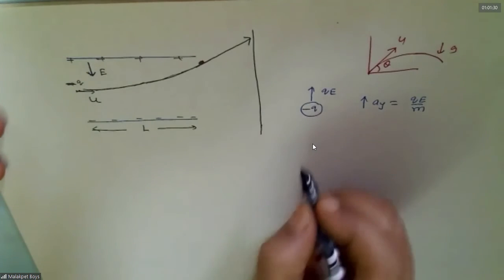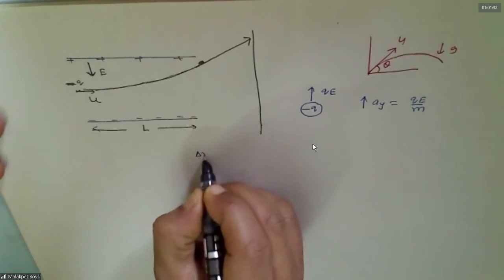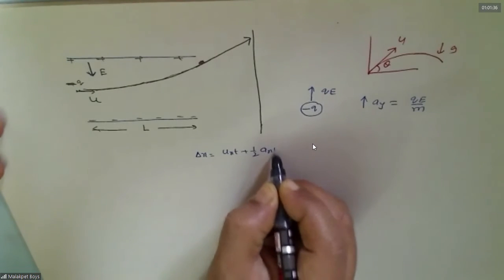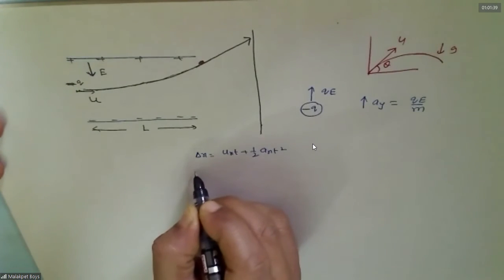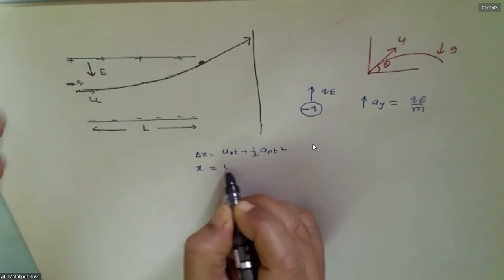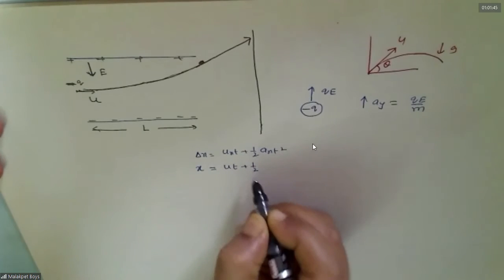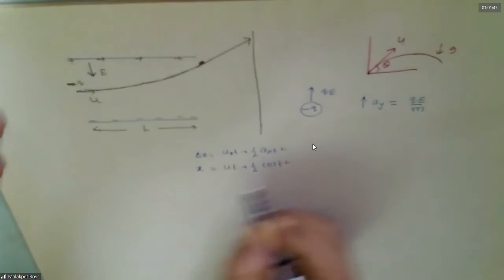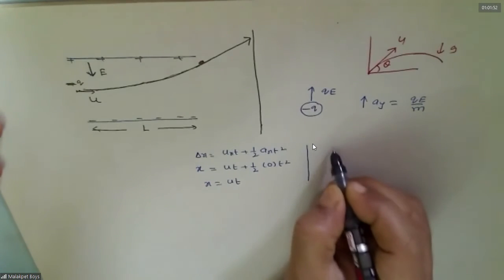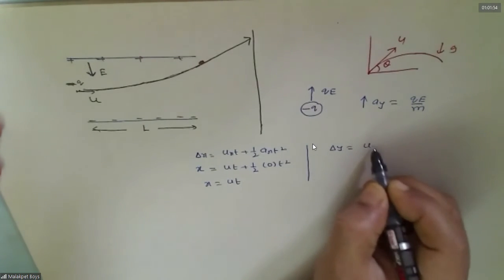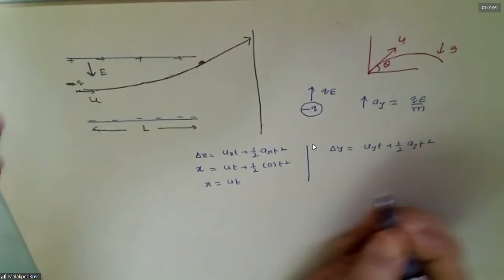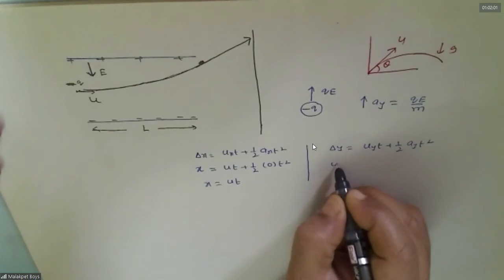So here we will write the equations with the displacement along the x-axis. Ux is how much? x equals ut. There is no acceleration. Then displacement along the y-axis. So this is y.